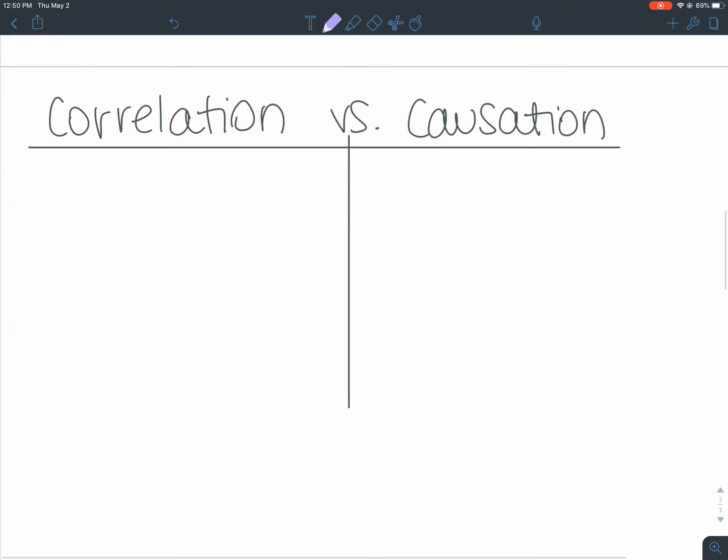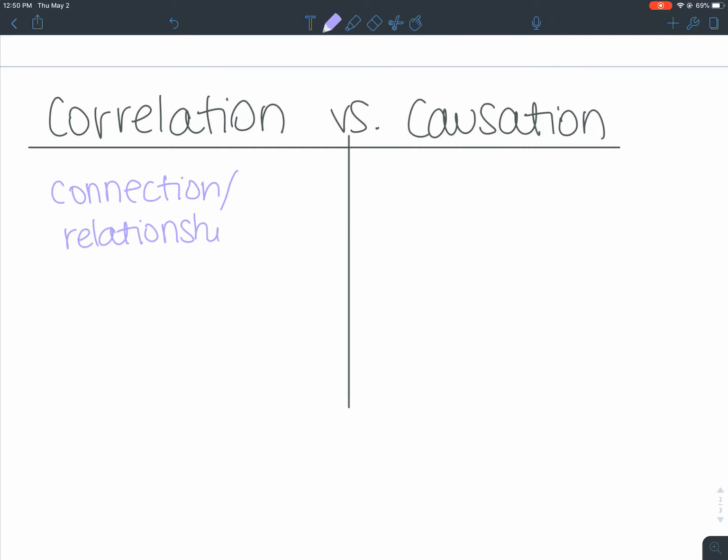Last but not least is correlation versus causation. So when something has a correlation, there's an obvious connection or relationship. But a causation is when there's a cause and effect relationship, meaning there's a direct impact from one to the other.